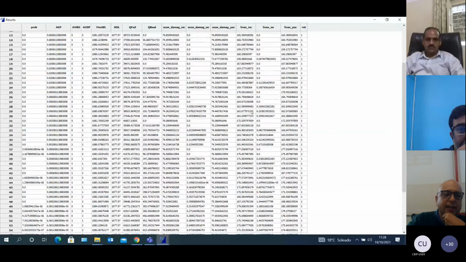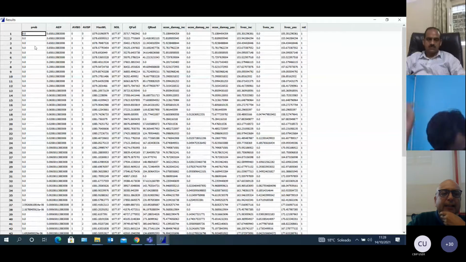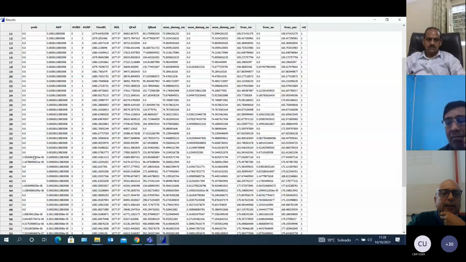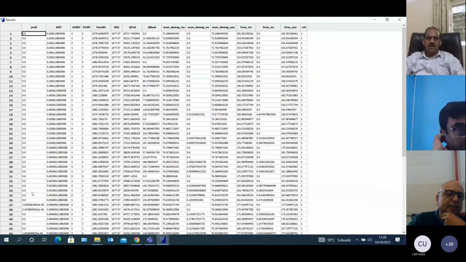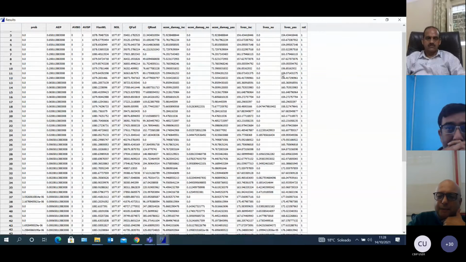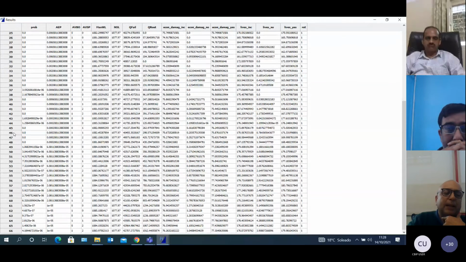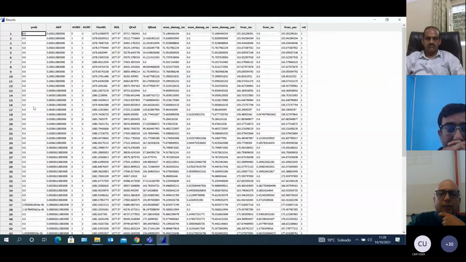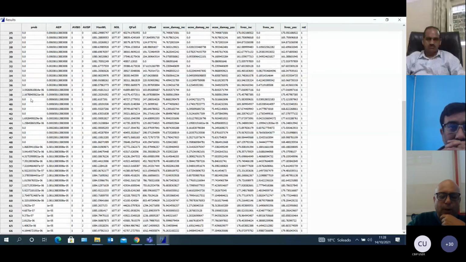So this is all the branches, all the rectangles where it calculated some little probabilities, in many cases 0, and then everything, maximum pool level, the failure discharge, the lives, everything. So this is not a black box.